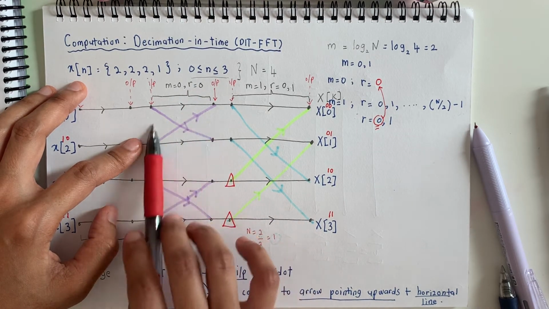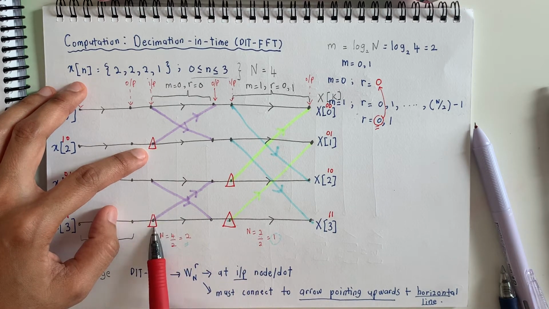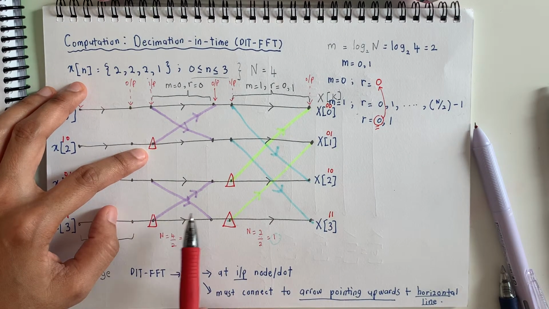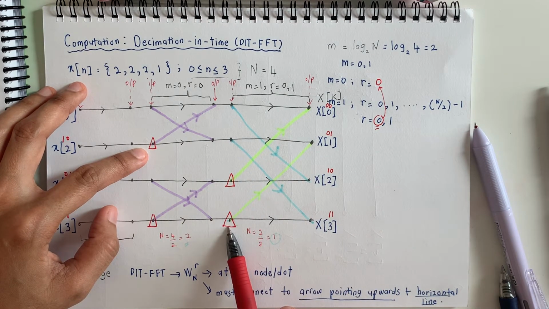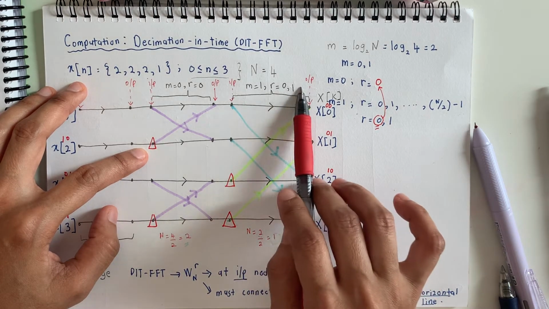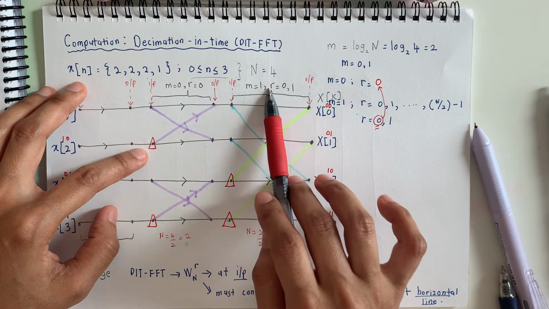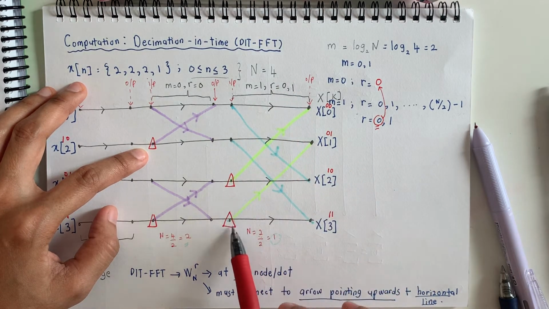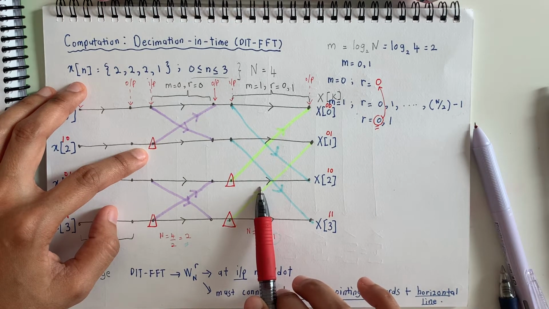If you look at this group, we have 1 twiddle factor. If you look at this group, we have only 1. But if you look at this group, we have 2. How do we know that we have 2? From the R value. Basically, from the R value, you may know how many twiddle factors you have in one group.